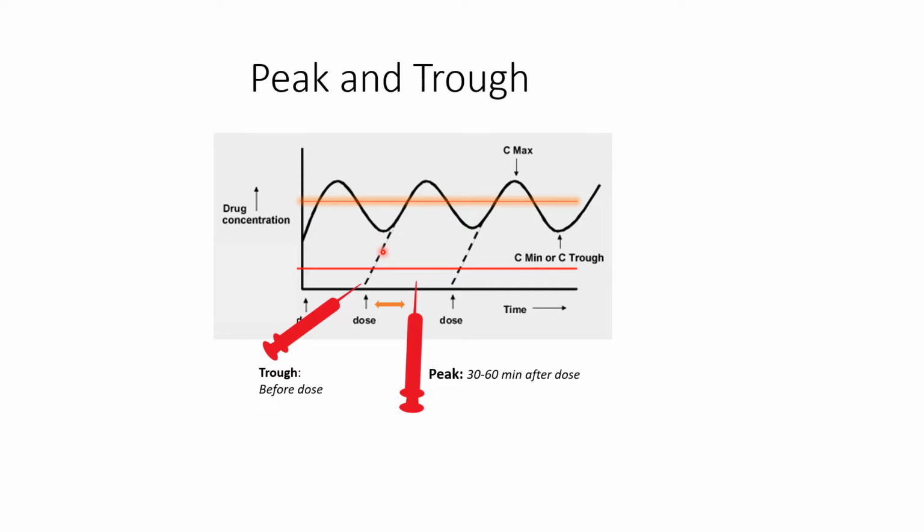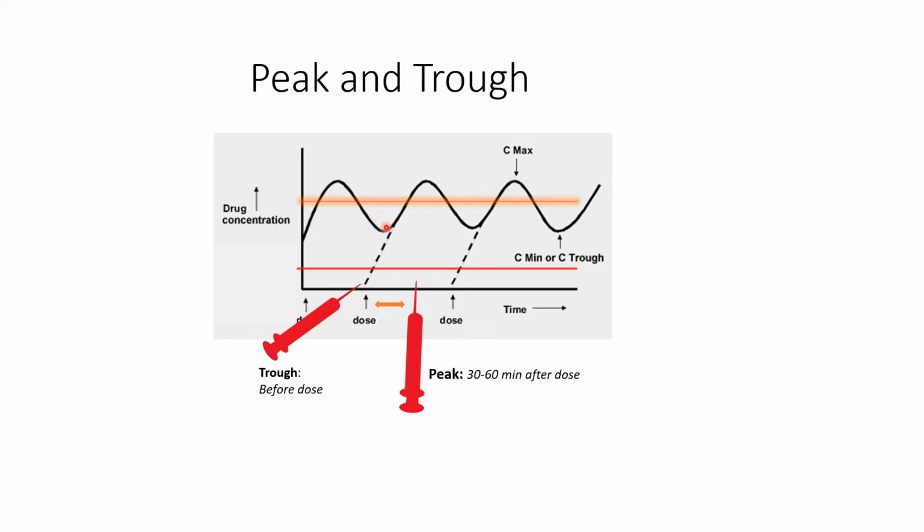In this picture, we can see how the concentration of the medication oscillates as the metabolism and the excretion decrease the concentration of the medication in the blood, and how the next dose increases the concentration.